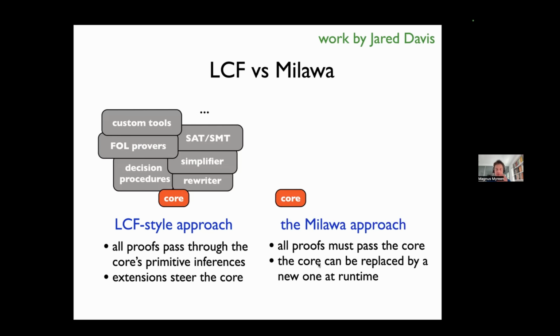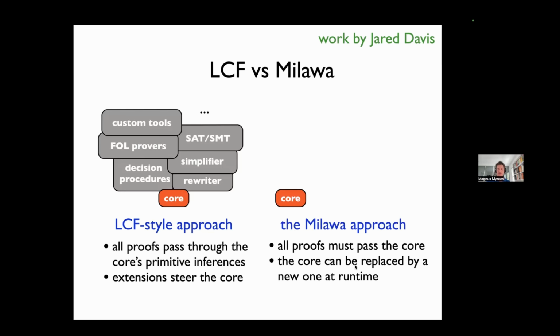Milawa also has a little kernel that you have to trust, and all proofs must pass this core. But the core can be replaced by a new one at runtime. That's a bit weird, right? How can you do that? Well, by proving that the new core is sound with respect to the original one.